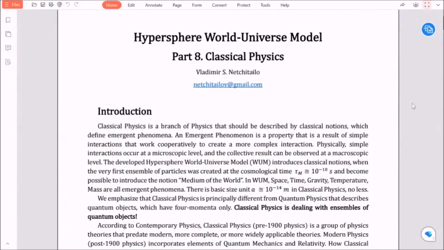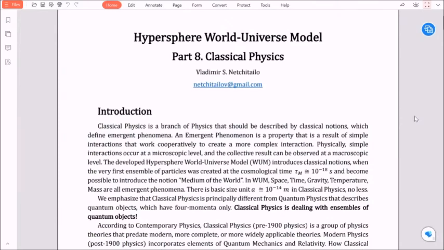The developed Hypersphere World-Universe Model introduces classical notions when the very first ensemble of particles was created at the cosmological time about 10^-18 seconds, and it became possible to introduce the notion medium of the world.